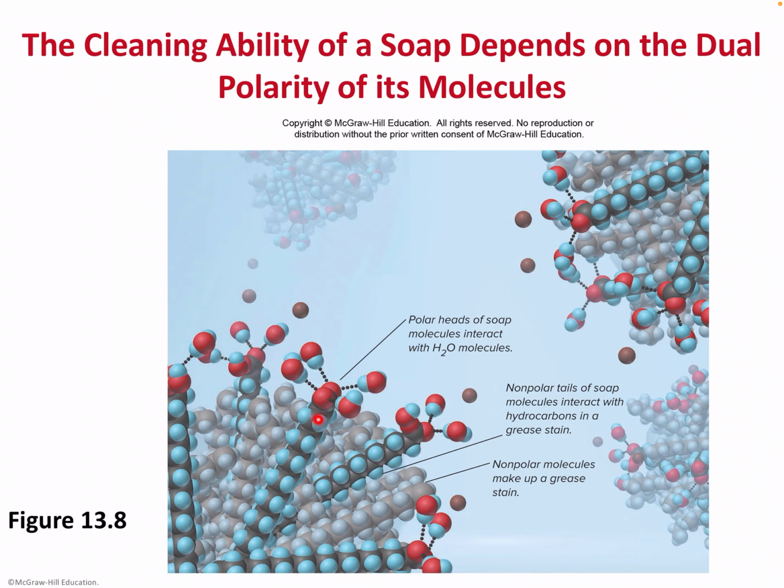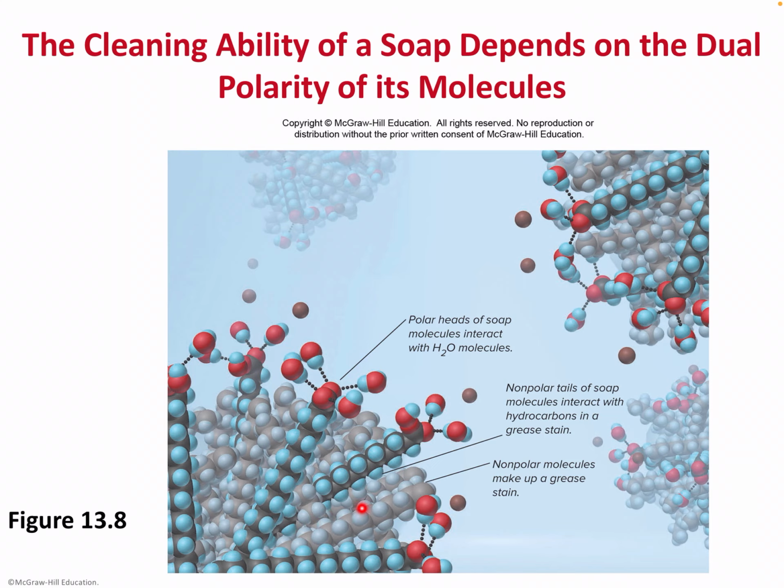That's because the detergent has this hydrophobic or dispersion forces part, where the similar interaction you find in your greasy food or the oil-based food. So that helps to clean up that part because they have similar intermolecular interactions. Non-polar tails of soap molecules interact with hydrocarbons in a grease stain. Non-polar molecules make up a grease stain.